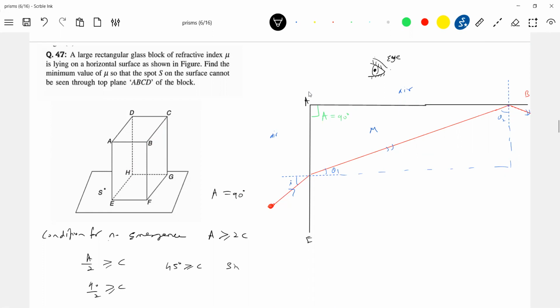Take this one: sine 45 degrees should be greater than sine C. So 1 by root 2. Sine C is what? 1 by mu. So therefore what is mu? So mu should be greater than or equal to root 2. Minimum value of mu equals root 2. Check it by another method, you'll get the same answer.